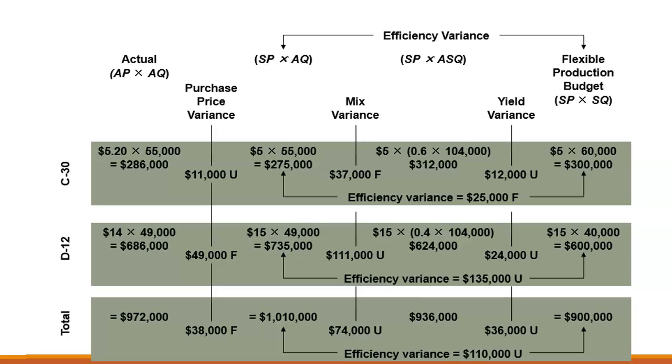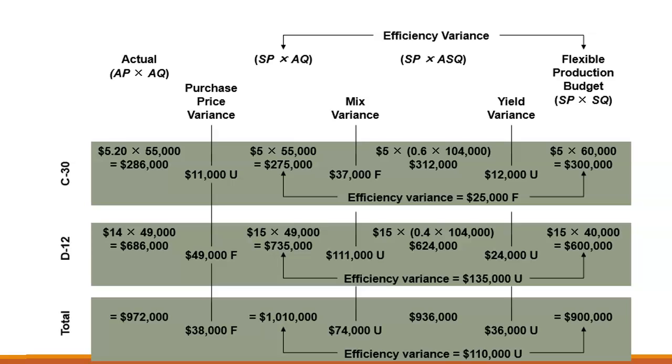So we break those into our yield and mix variances. First, we're going to look at our efficiency variance, which gets broken down into our mix and yield variances. We have our actual results on the left and our flexible production budget on the right.